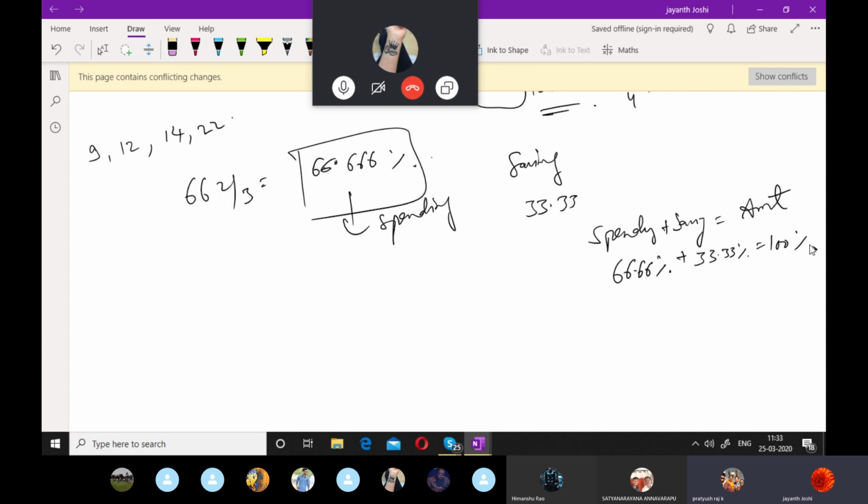Now, let's see the question. A person who spends 66.66 of his income is able to save 1200 per month. His monthly expenses are how much? They're asking. So savings are how much actually?